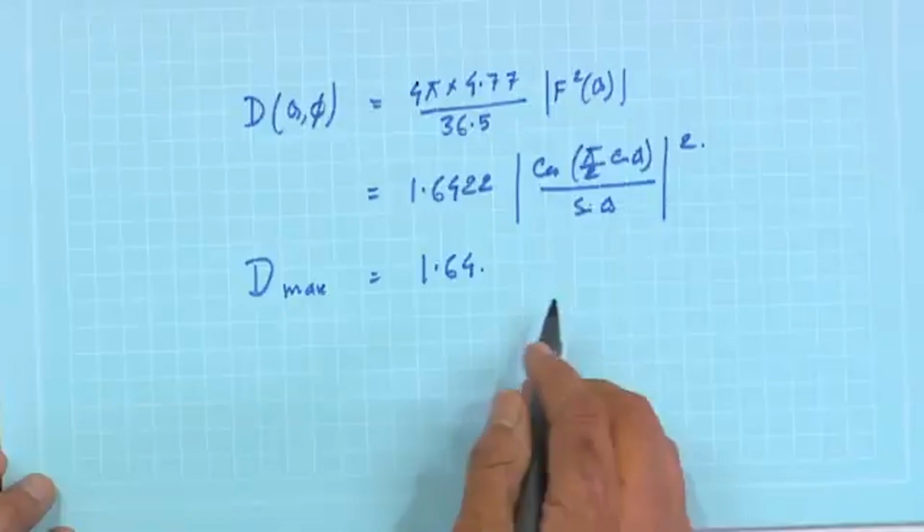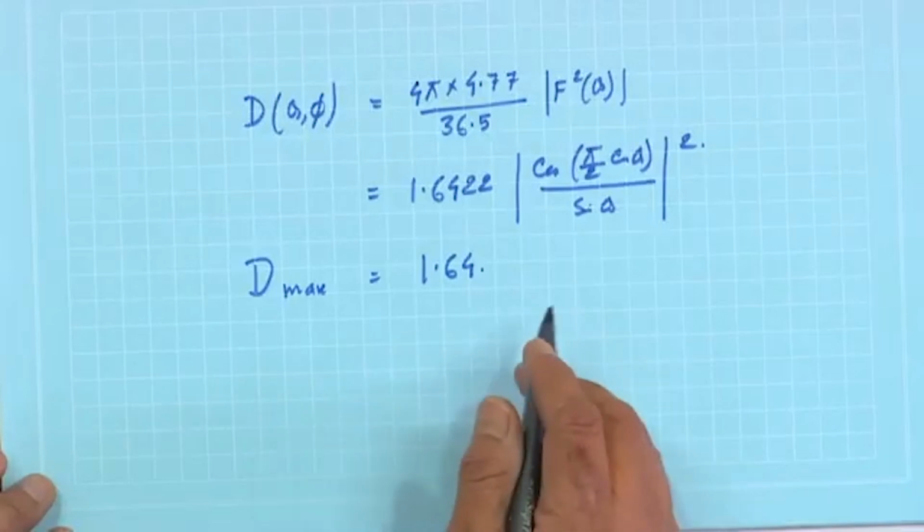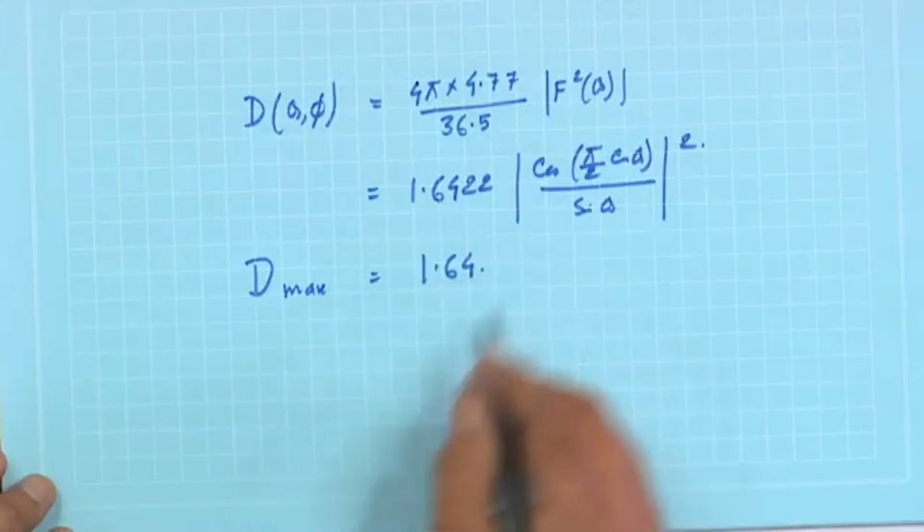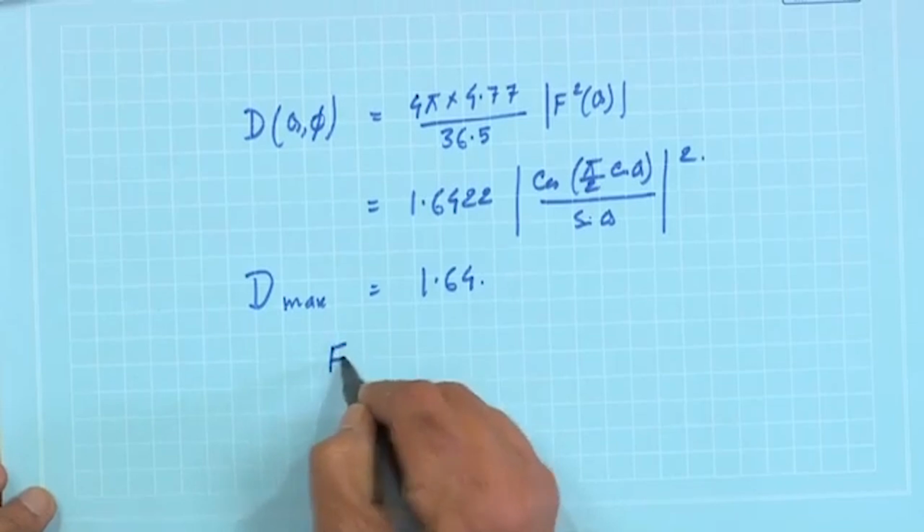Also, we can find the half power beam width. What is the half power beam width?